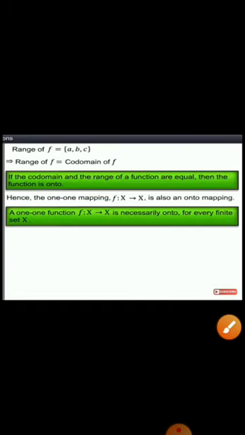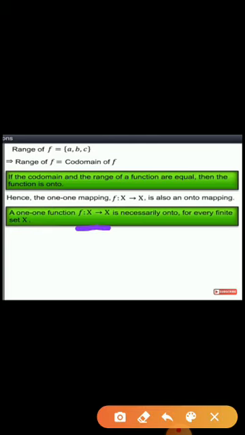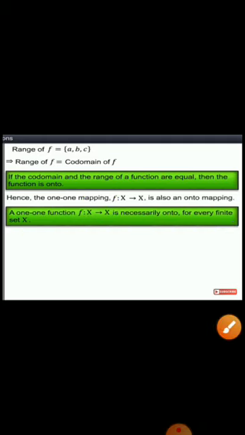Yes. Okay. So what we can say is, a function f from X to X is necessarily onto for every finite set X. If it is defined from X to X and X is a finite set, and if it is a 1-1 function, then it should always be what? Onto function. Okay.